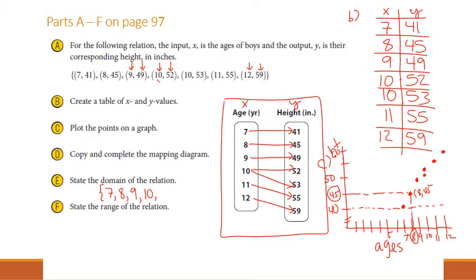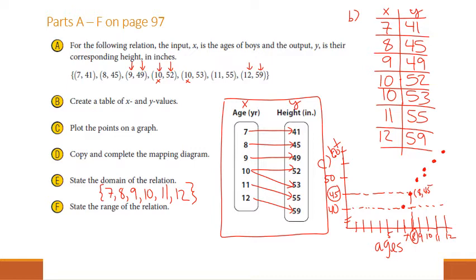I have a 10 here and I have a 10 there. I only need to list it one time. I don't need to list that again. I have 11 and I have 12. There are all my inputs, that's a set of inputs that are in our domain.